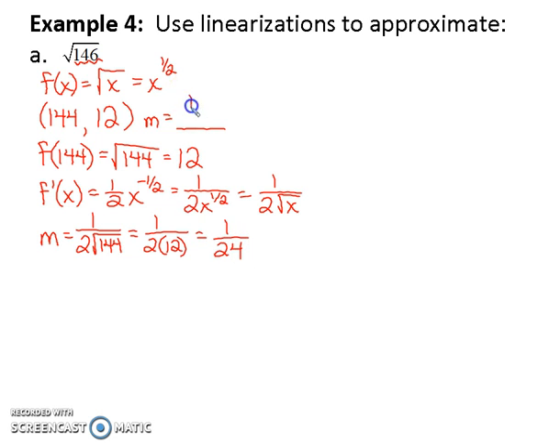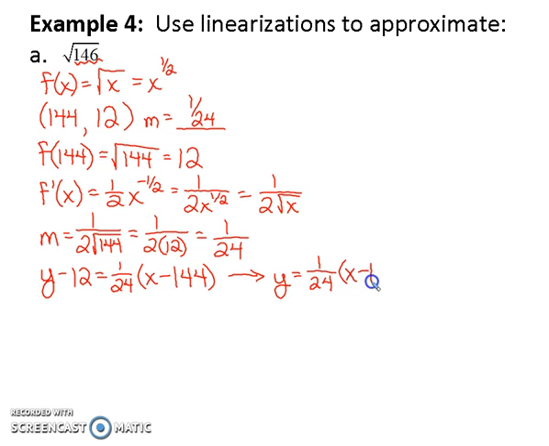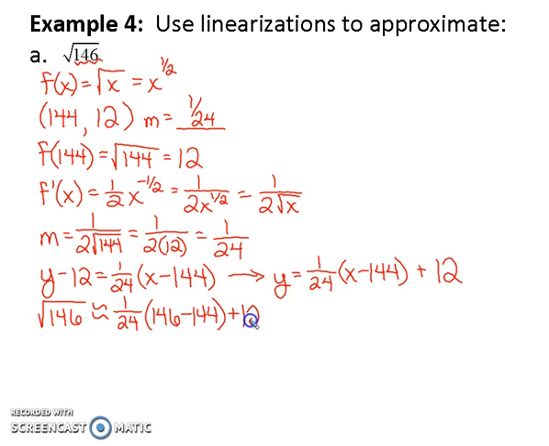1 over 24. So there's my slope, 1 over 24, which means that my tangent line is y minus 12 equals 1 over 24 times x minus 144, or y equals 1 over 24 times x minus 144 plus 12. So if I want to approximate the square root of 146 now, it would be approximately 1 over 24 times 146 minus 144 plus 12.